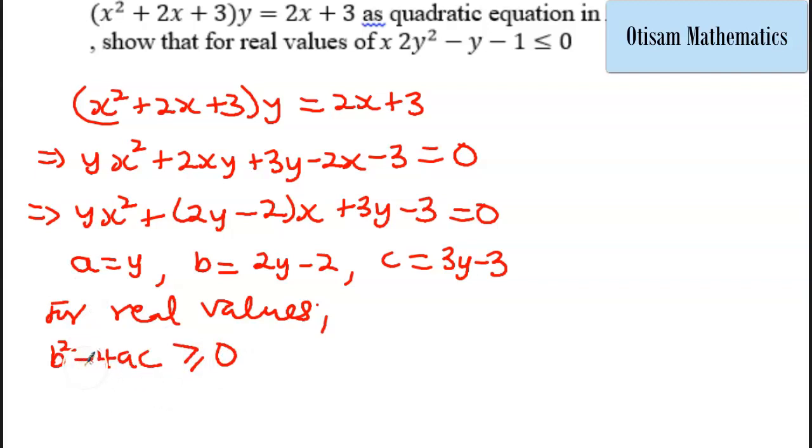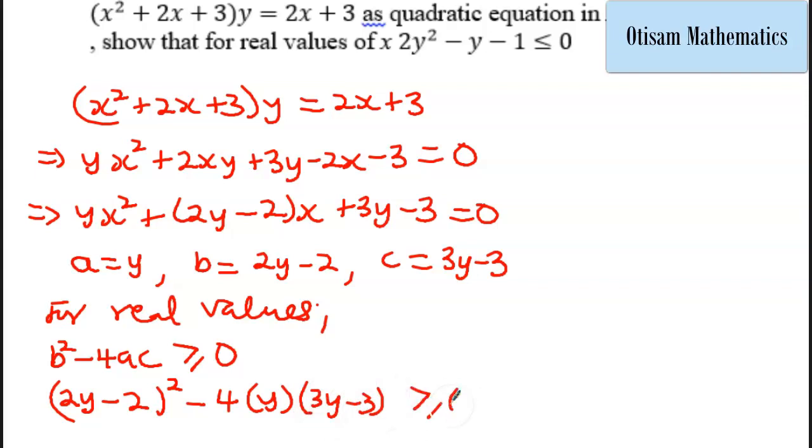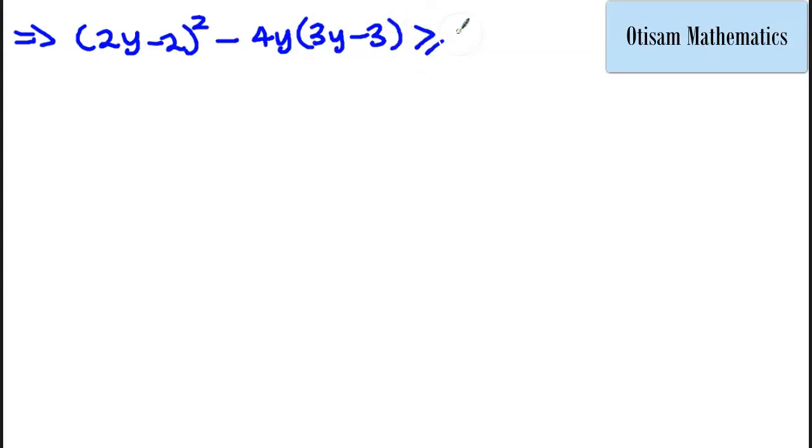So let's substitute them. 2y minus 2 all squared minus 4 times a, which is y, and then c is 3y minus 3, is greater than or equal to 0. This implies that 2y minus 2 all squared minus 4y times 3y minus 3 is greater than or equal to 0.